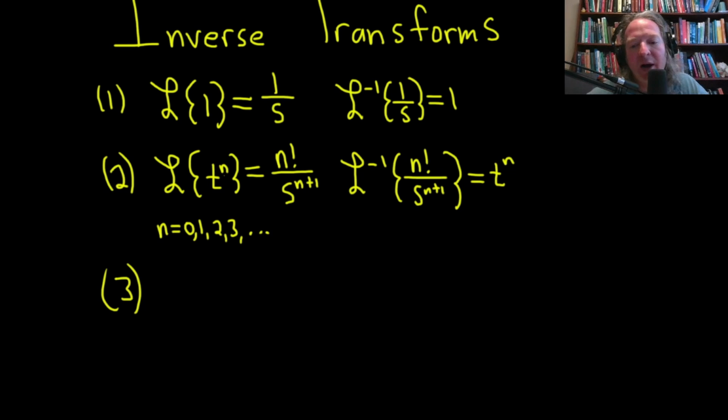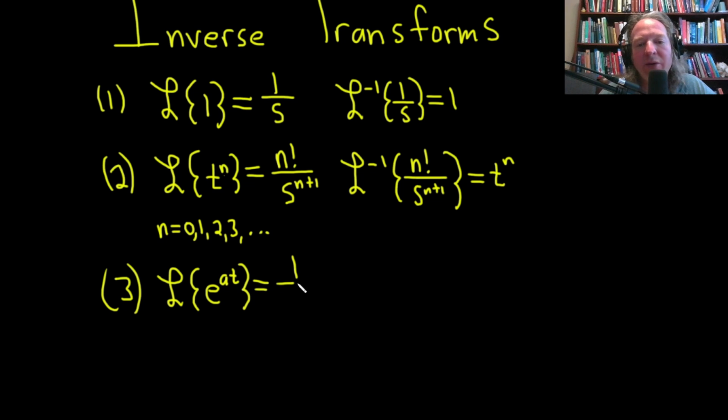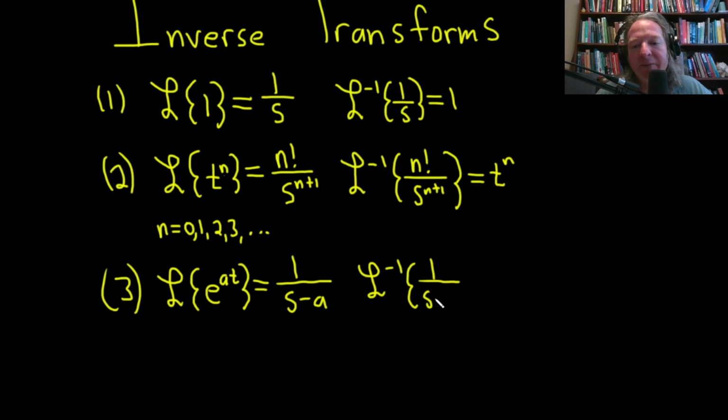transform using backwards thinking. The next one I want to show you is the Laplace of e to the at. This is equal to 1 over s minus a. So going backwards, the inverse Laplace of 1 over s minus a is going to be e to the at.